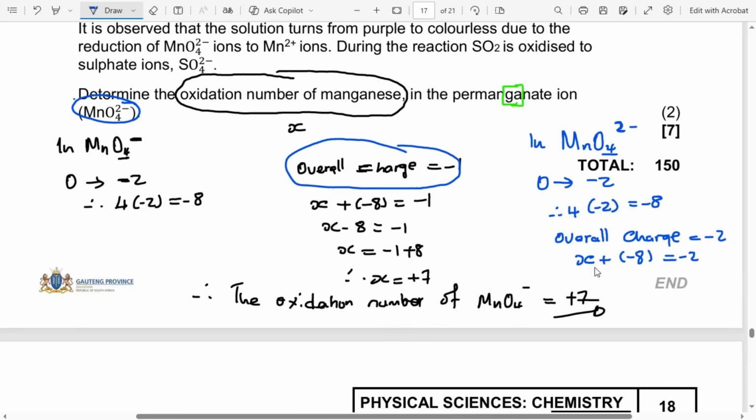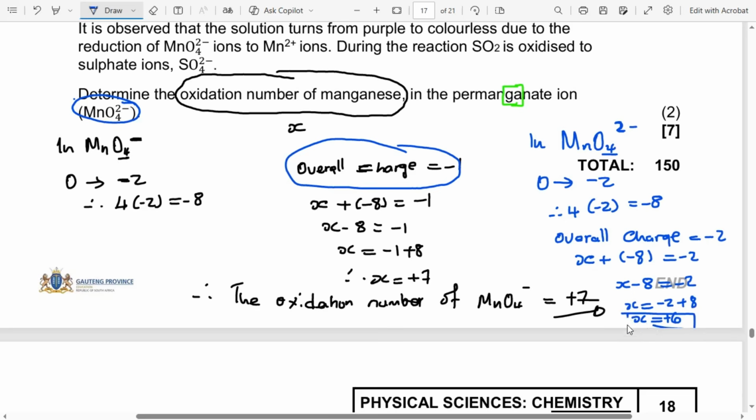So X minus 8 equals minus 2. Therefore, X is minus 2 plus 8, which is positive 6.